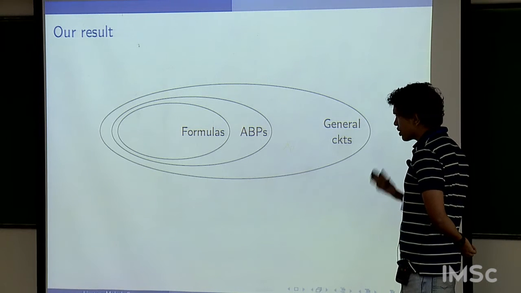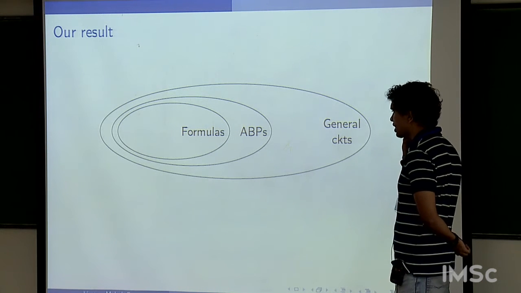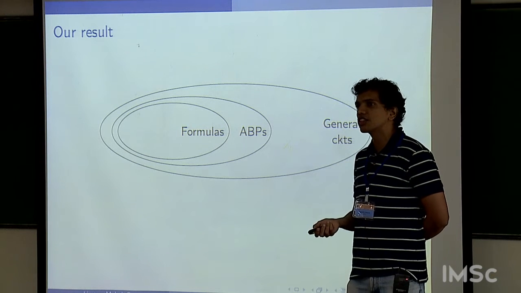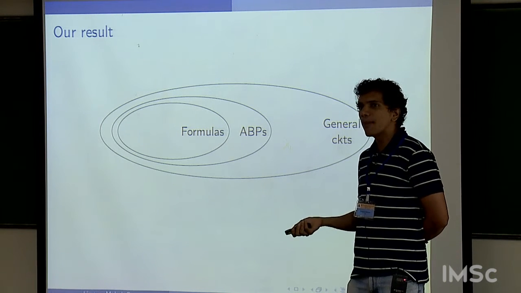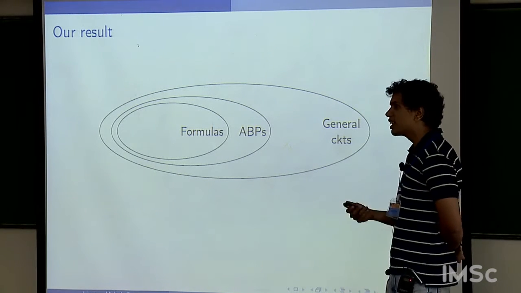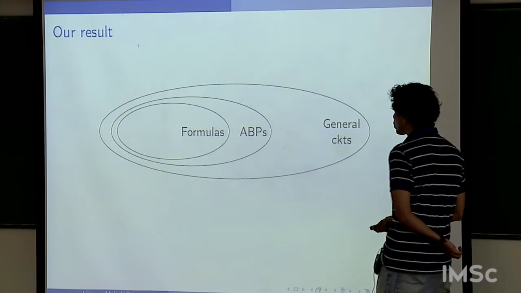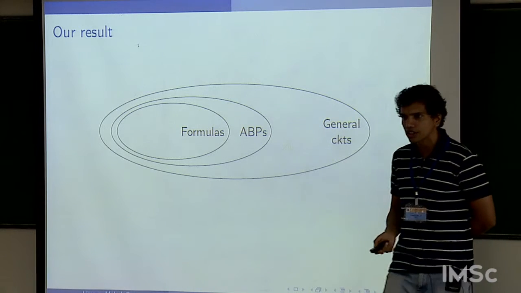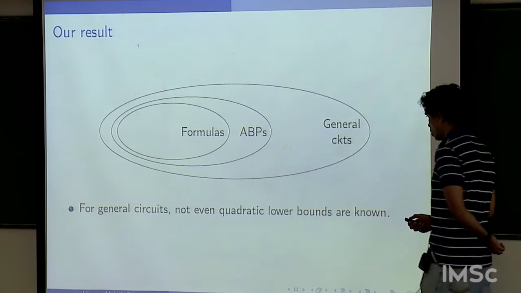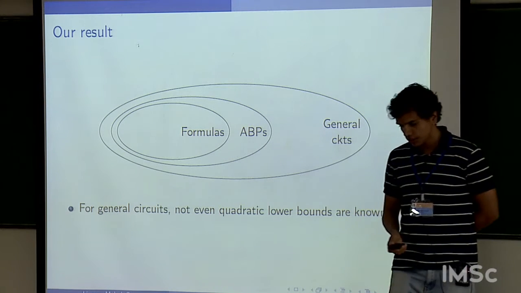Unfortunately, we don't really have the techniques for this kind of result yet. In fact, the best lower bounds for general circuits in the non-commutative setting match those in the commutative setting. It's the same bounds. So we don't get an advantage by moving to the non-commutative setting for general circuits. For general non-commutative circuits, we don't even have quadratic lower bounds.